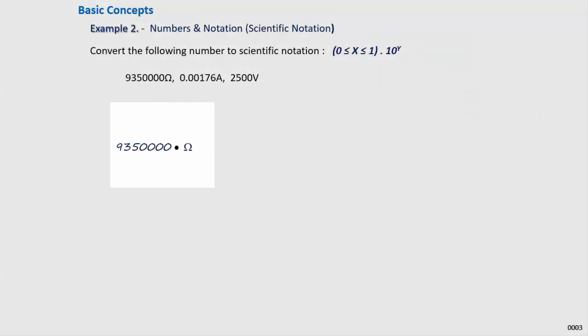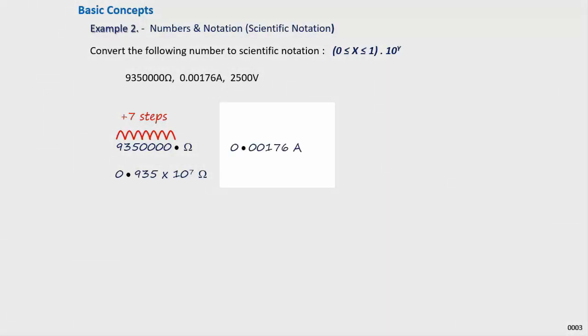Taking the first number, we need to move the decimal point 7 steps to the left. So the number becomes 0.935 times 10 to the power 7. With the second number, we need to move the decimal point 2 steps to the right.